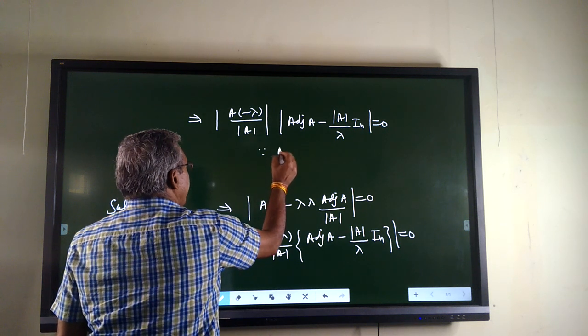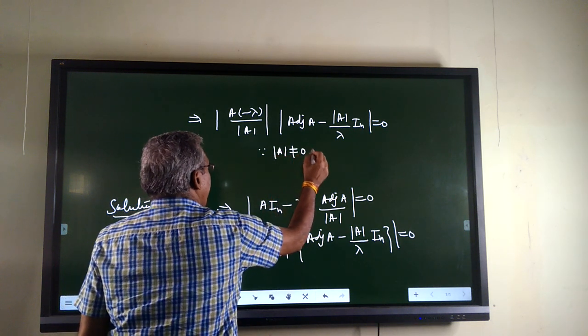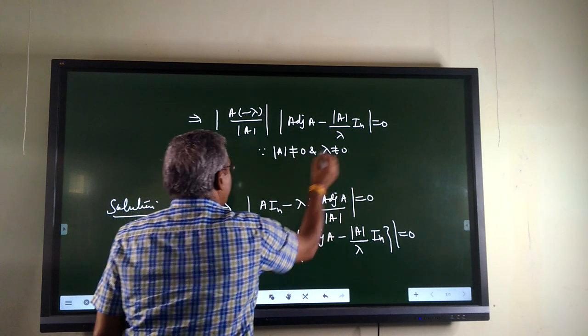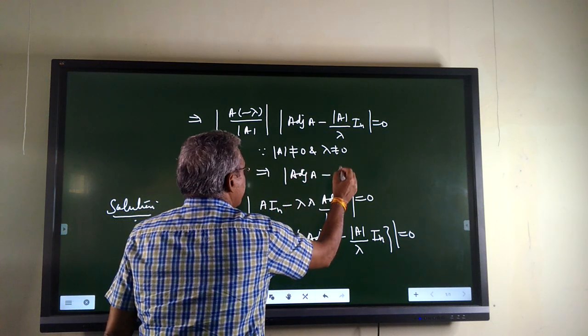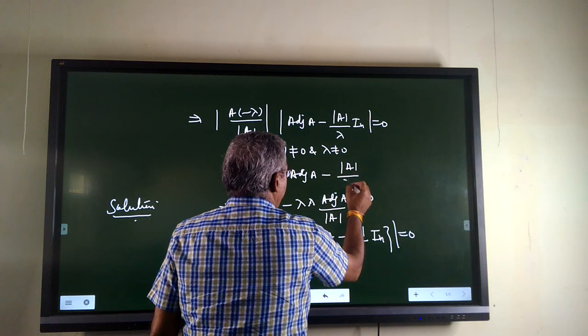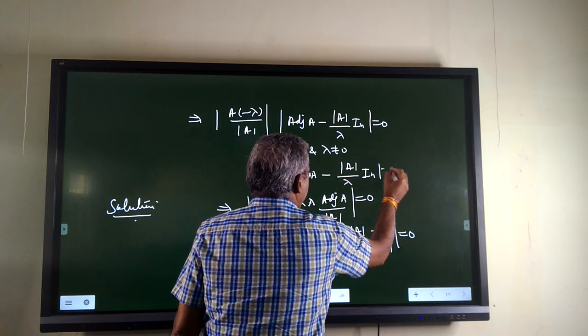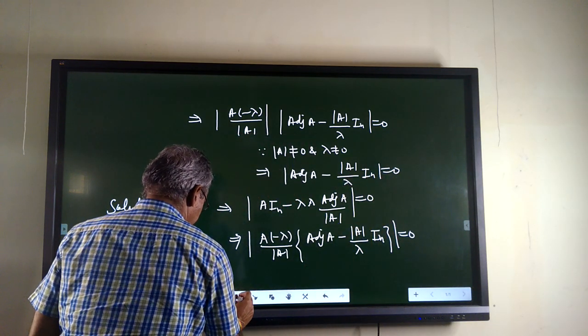Since determinant of A is not equal to 0 and lambda is not equal to 0, therefore adjoint of A minus determinant of A upon lambda I n equals to 0.